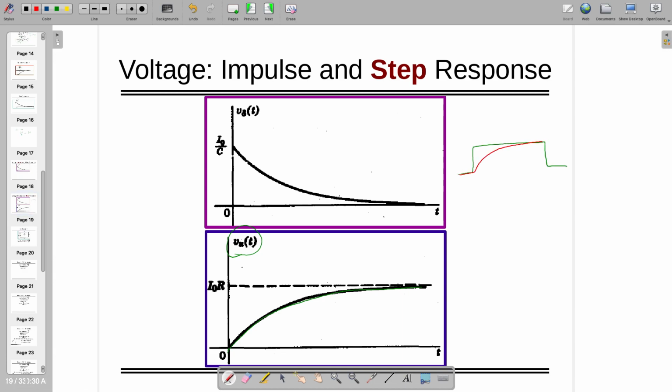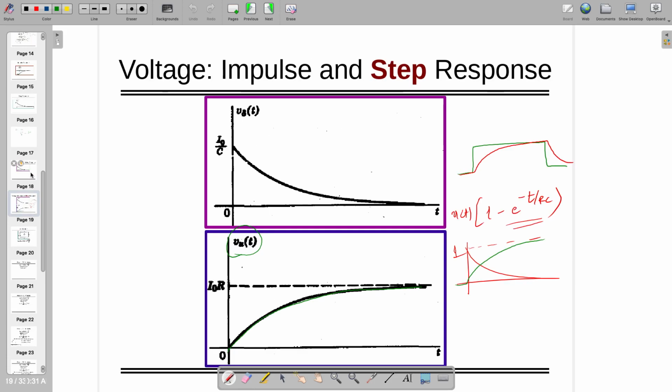This is happening because of our equation, u of t times (1 minus e raised to minus t by RC). The e raised to minus t by RC term will look like this, and it will be subtracted from 1, so it looks like this.